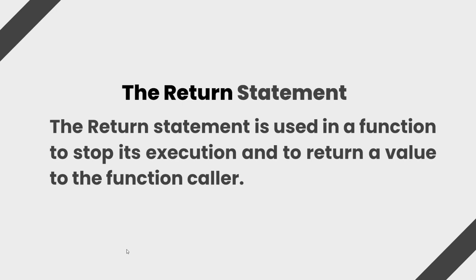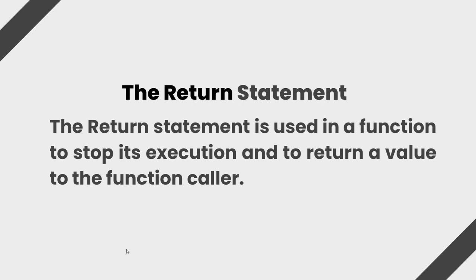So basically what the return statement does is that it executes a function, and when it gets to that particular syntax where it has the return statement, it stops execution right there.